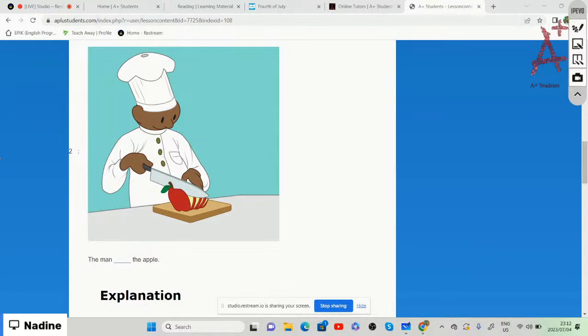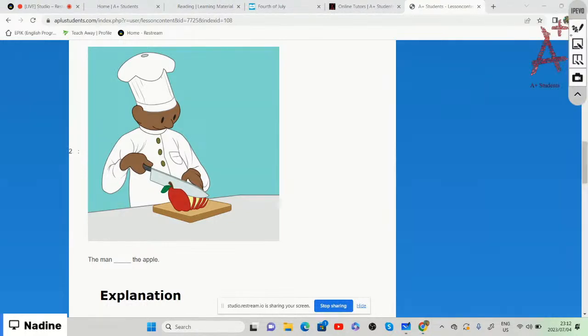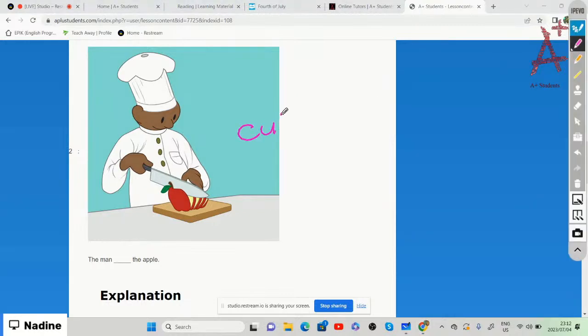All right, so if you say the man cuts the apple, then that is correct. So we can either say cuts the apple. So if you say the man cut the apple or cuts the apple, or if you say chop the apple or chops the apple, then that is also correct, right?